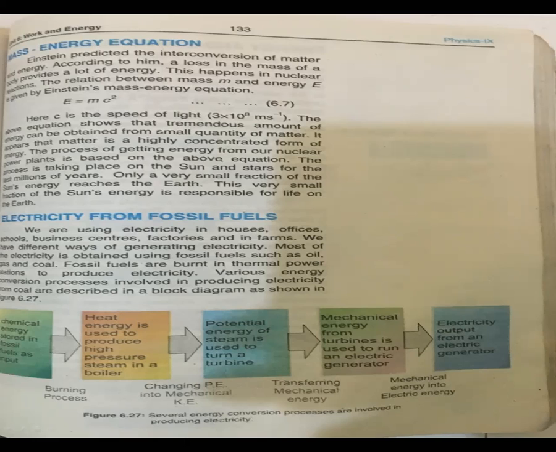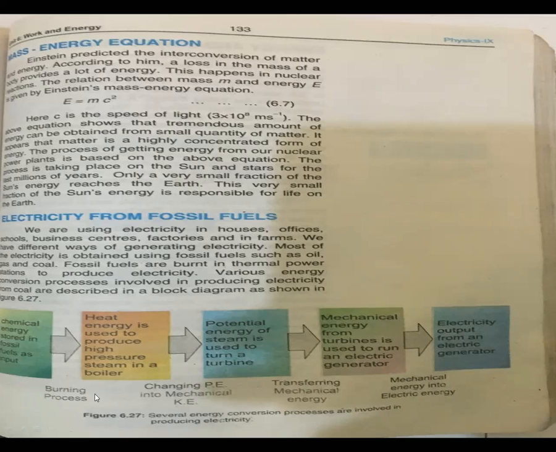Whenever the coal is burned, heat energy is used to produce high pressure steam in the boiler, and then the potential energy of the steam is used to turn the turbines. Mechanical energy from the turbine is used to run an electric generator, and electricity is the output from the generator.